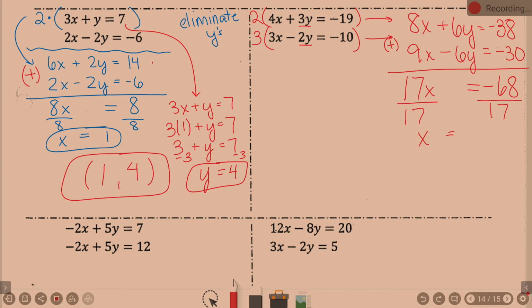What is negative 68 divided by 17? Negative divided by a positive is a negative. There are 4 17s in 68. Right now, I know my answer: negative 4, comma, something.